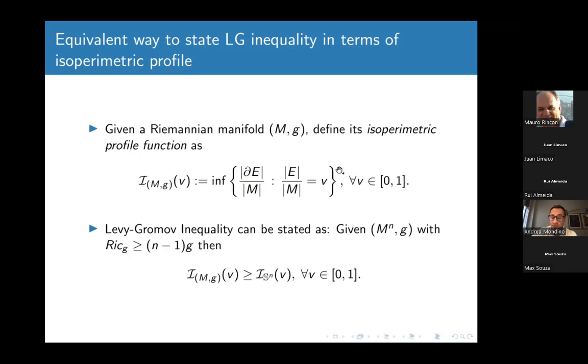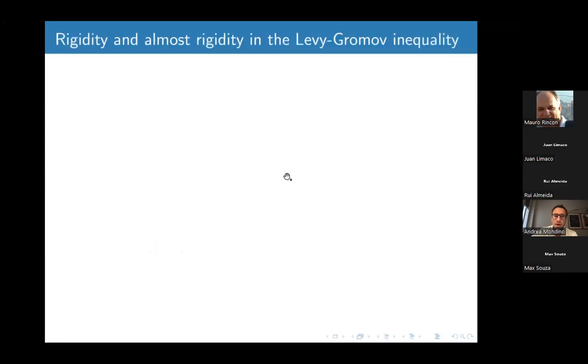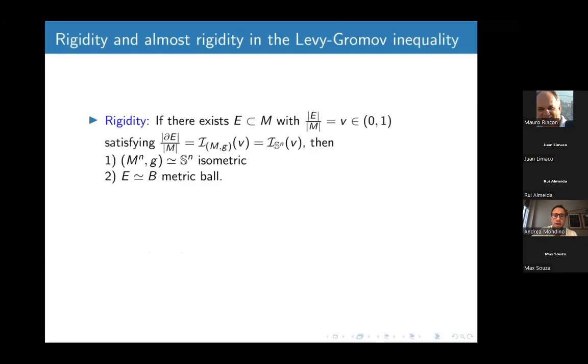Notice that since we are dividing by the volume of the ambient manifold, this parameter V just runs between 0 and 1. 0 corresponds to the empty set, and 1 corresponds to the whole manifold M. Once we introduce this notation, the isoperimetric inequality can be stated in this simplified form.